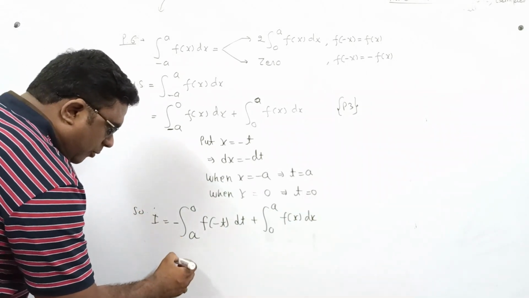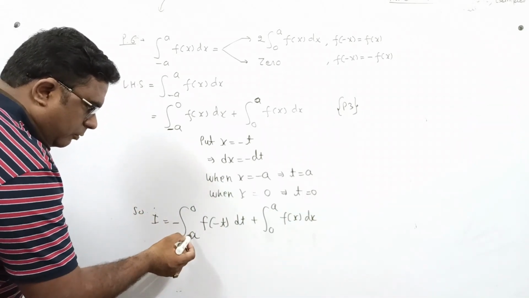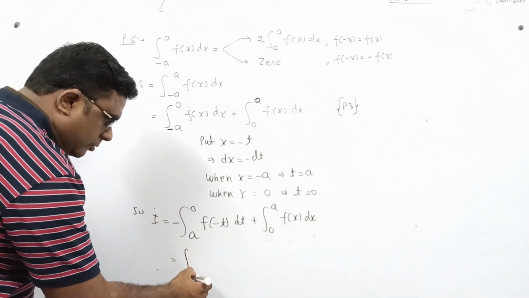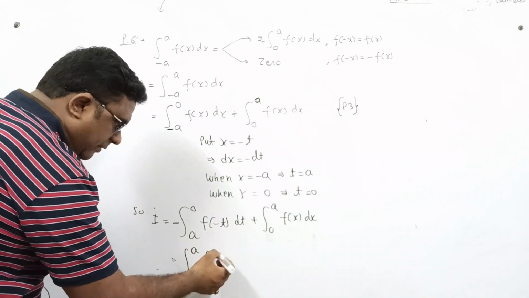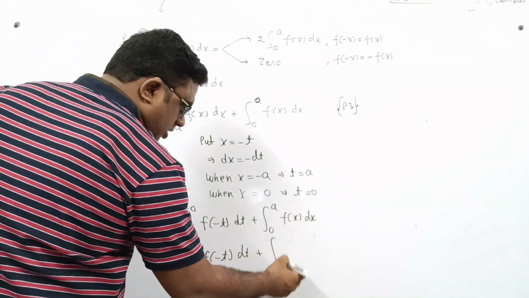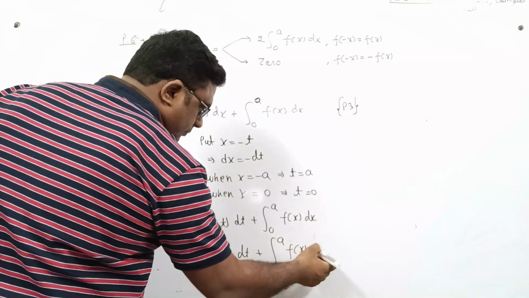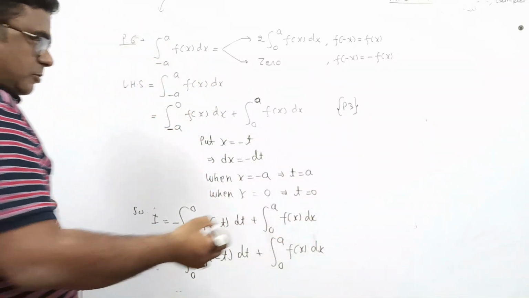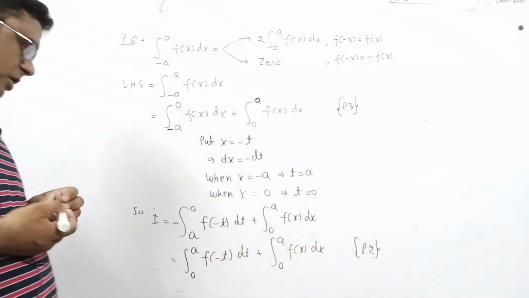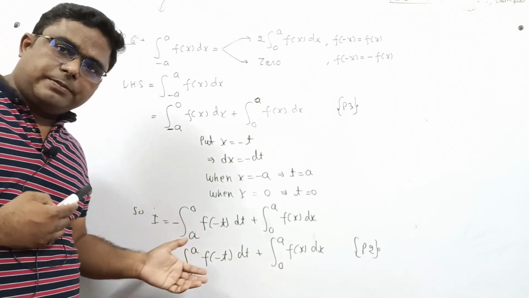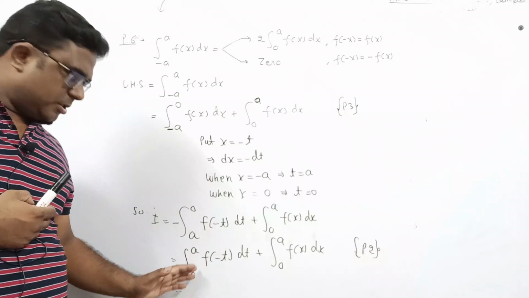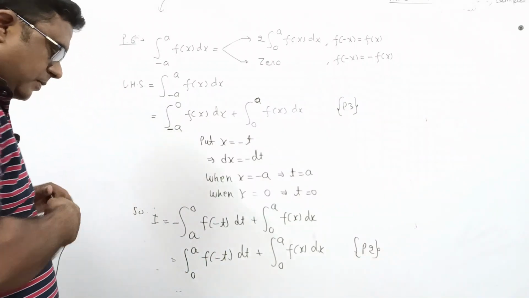Now we will apply property number 2. By property number 2, these limits will interchange and this sign will change. So 0 to a f(minus t) dt, and no change in the second term. Which property have I used here? I have used property number 2. After this, I will use property number 1, and according to property number 1, no change in this, except I will change the variable.